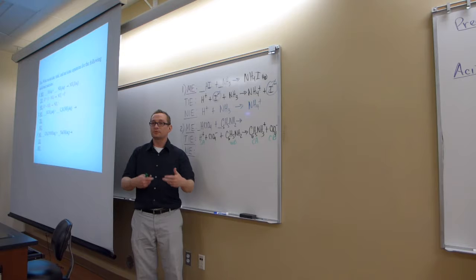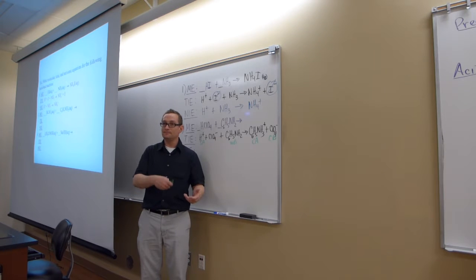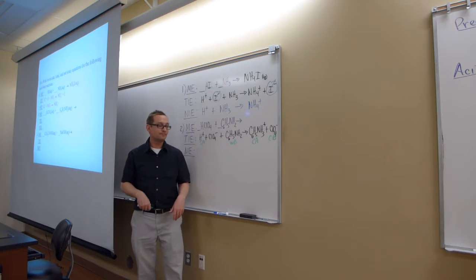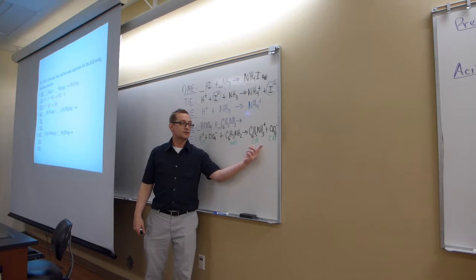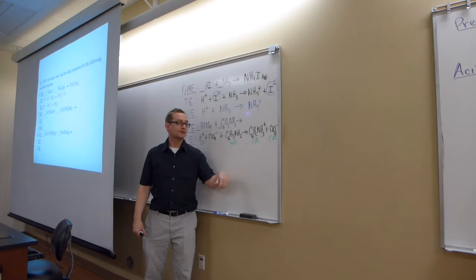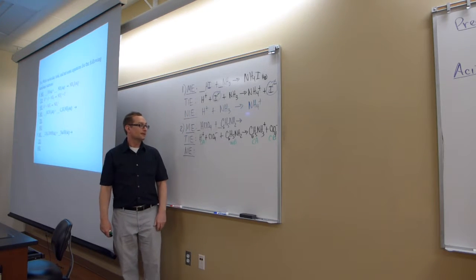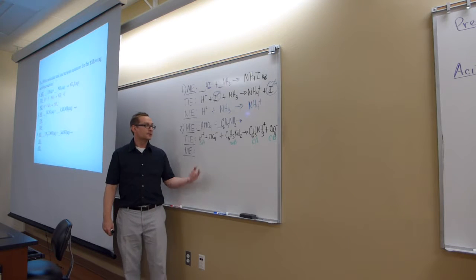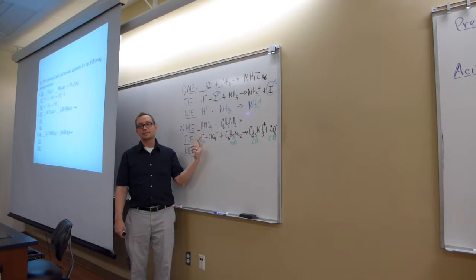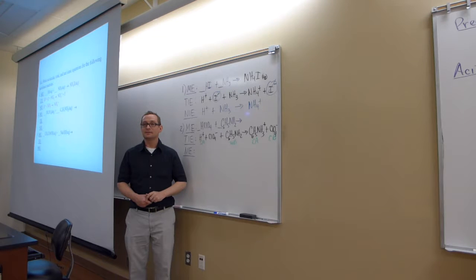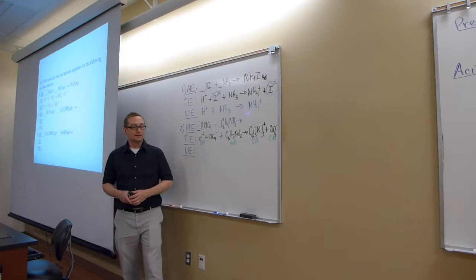And when things have extra protons, they tend to be more acidic, not basic. So this is why we call it the conjugate acid, the CA. So whatever has the extra hydrogen is the acid, and whatever doesn't have the extra hydrogen is basic.